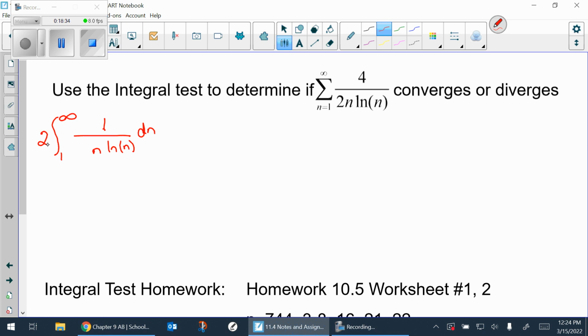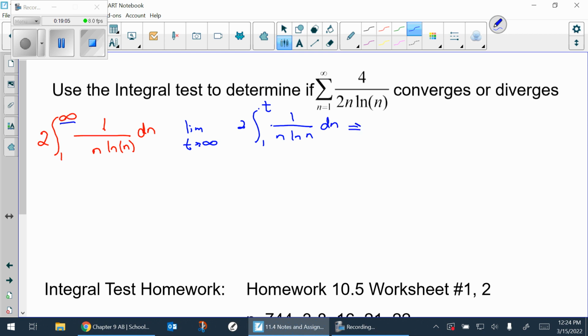Now I do have some room here. I can demonstrate this as an improper integral, since it has an upper limit of infinity. So we'll take the limit as t approaches infinity, and we'll rewrite this as 2 times the integral from 1 to t of 1 over n natural log of n dn.